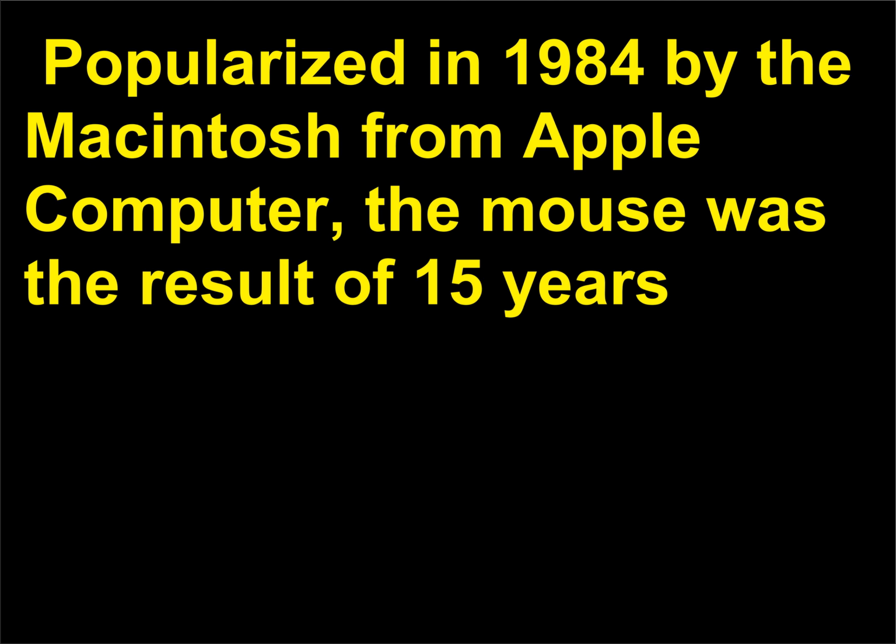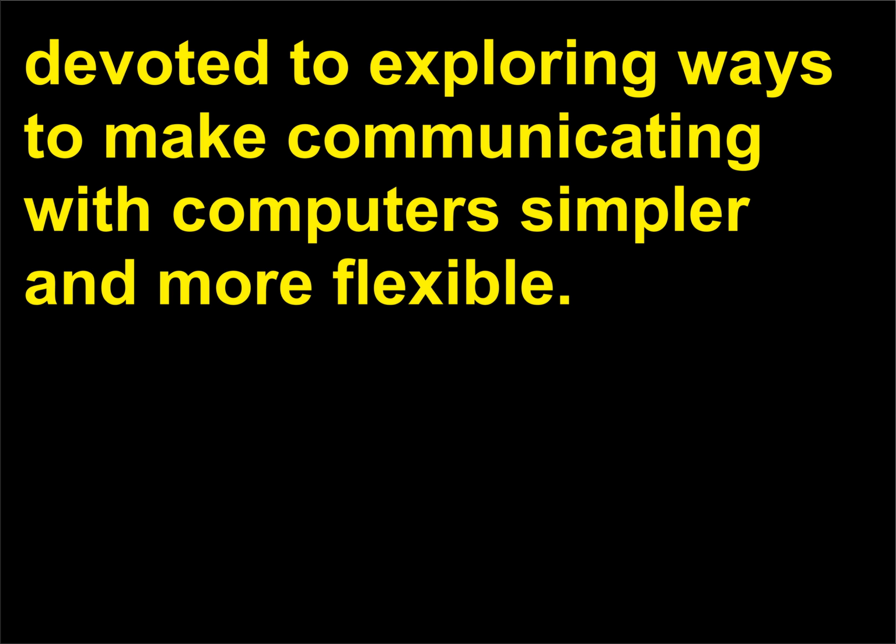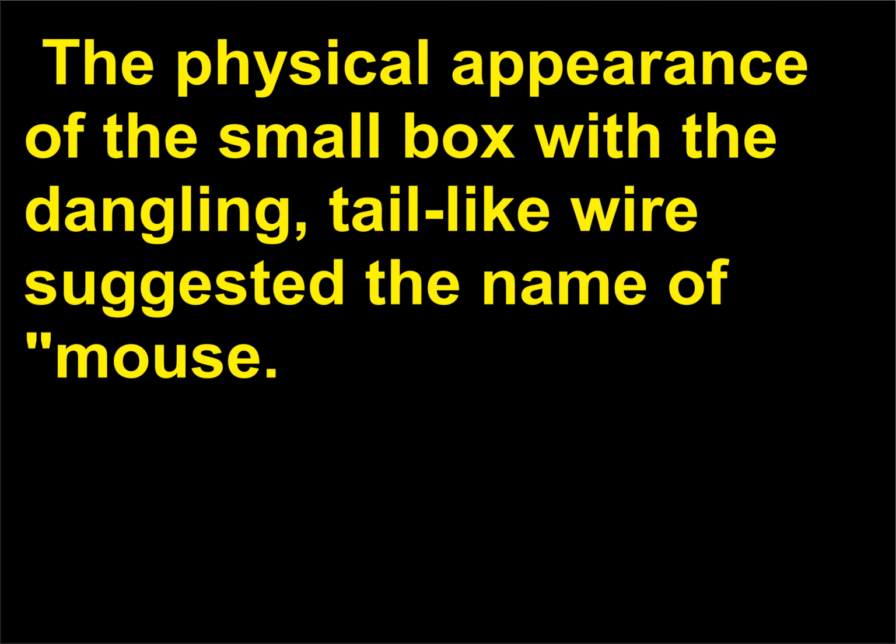Popularized in 1984 by the Macintosh from Apple Computer, the mouse was the result of 15 years devoted to exploring ways to make communicating with computers simpler and more flexible. The physical appearance of the small box with the dangling, tail-like wire suggested the name of mouse.